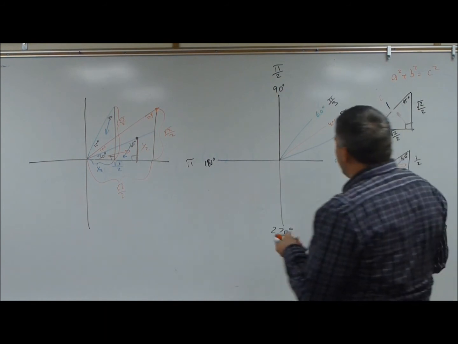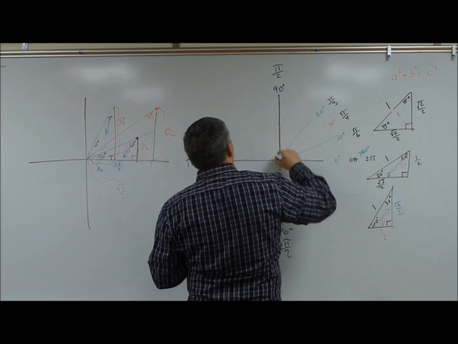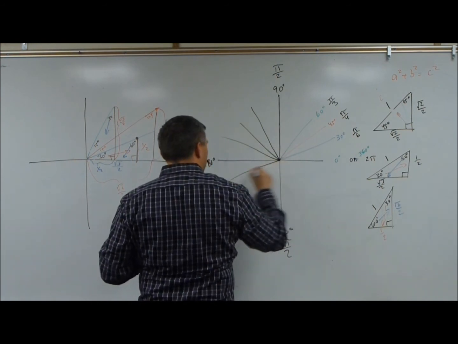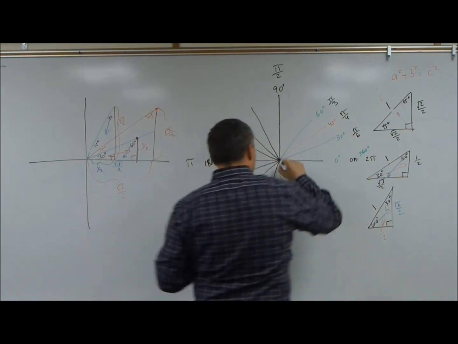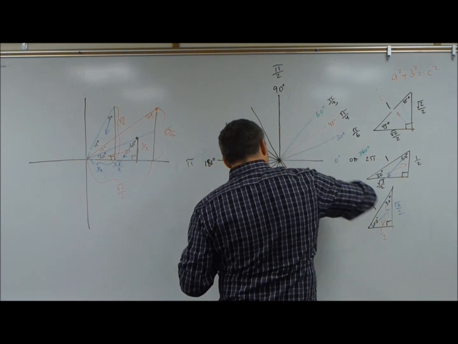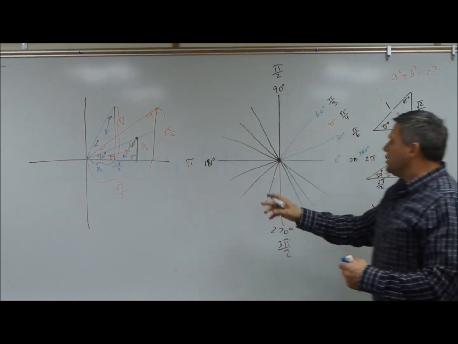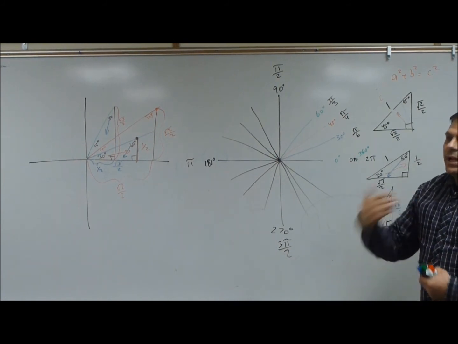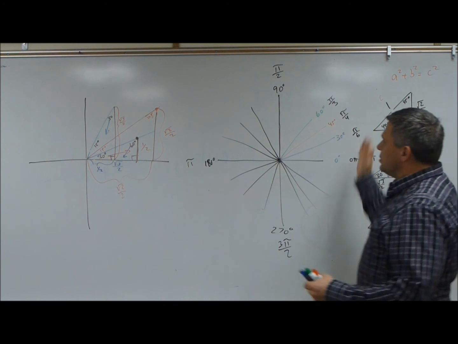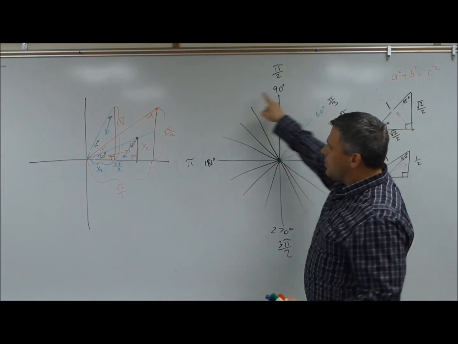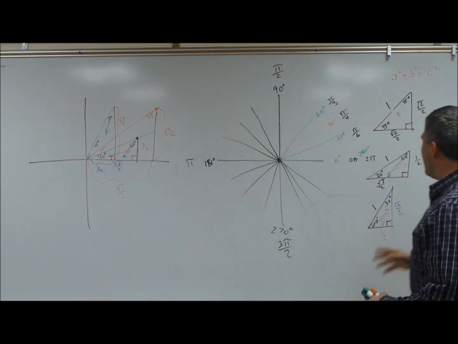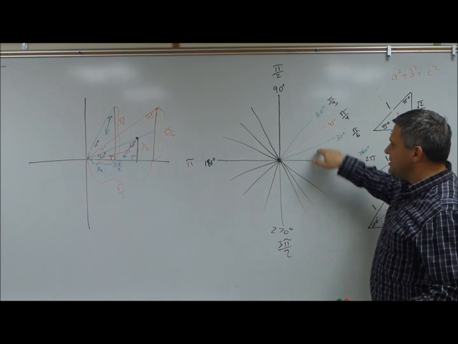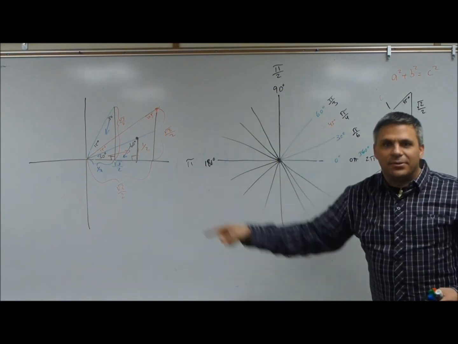And so you're going to fill in all these. Okay? You're going to make this unit circle in both degrees and in radians. And so once you do that, then we're going to talk about doing this. All these heights and all these lengths all the way around.